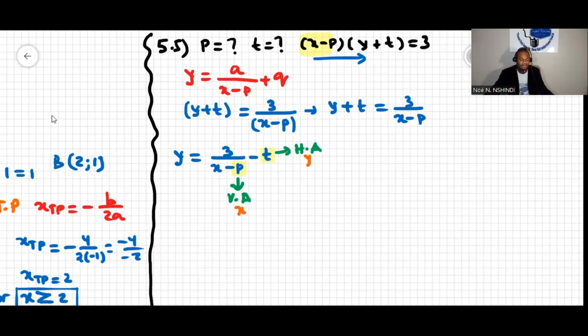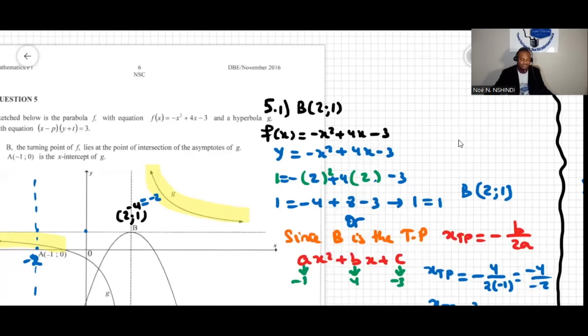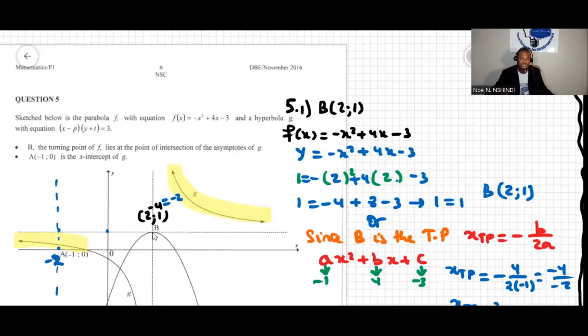Now, if I look at my graph to identify the asymptotes, the vertical asymptote is at 2, and the horizontal asymptote is also there, at 1. So this is the horizontal asymptote, and the vertical asymptote passes through the point here, B.